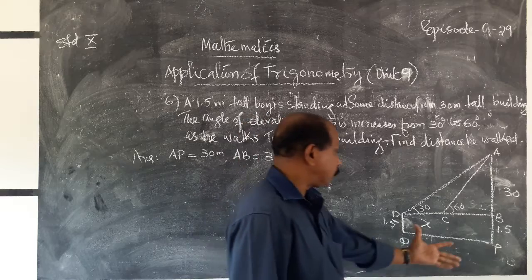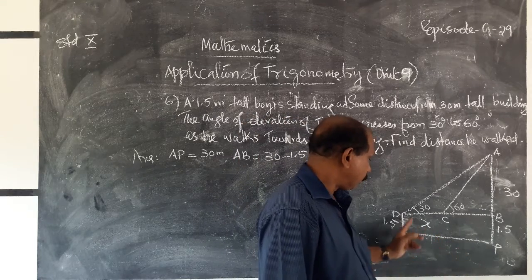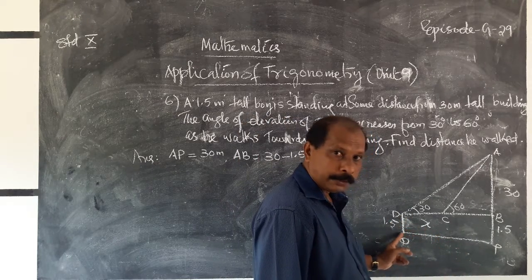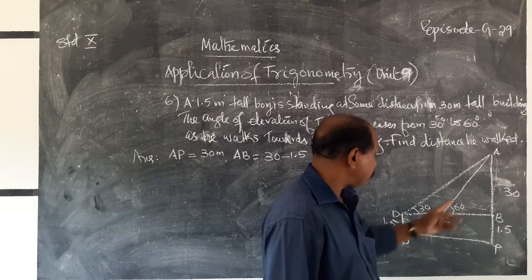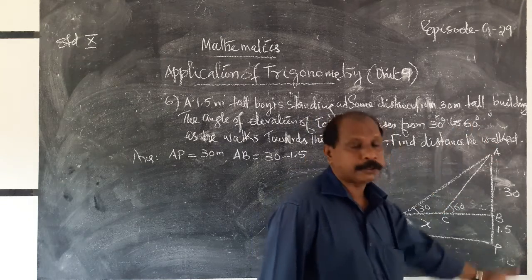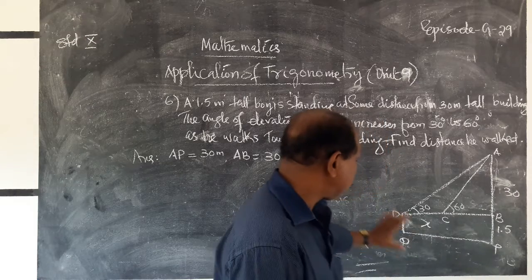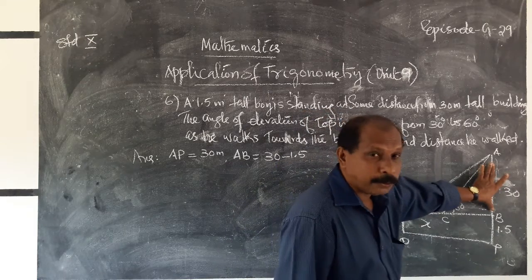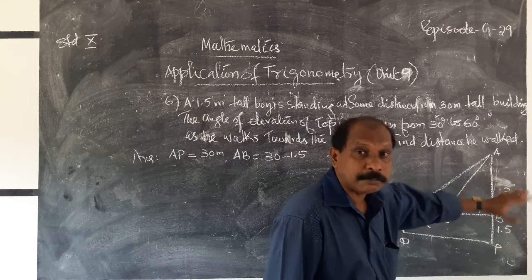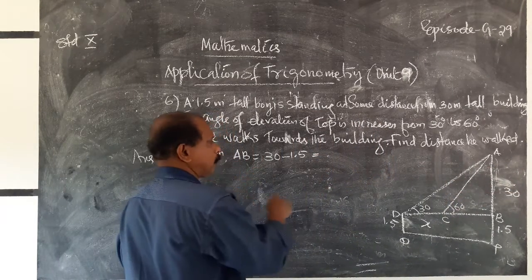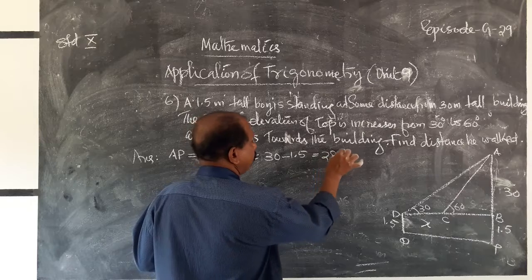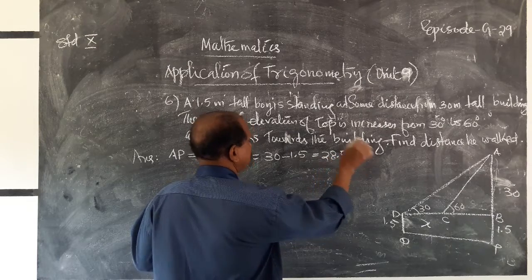That means this side is the height of that pole. Therefore, the angle from the bottom is 30 degree, and the opposite side is always 30. But the length of the opposite side is not 30. It is 30 minus 1.5, that is 28.5 meter.